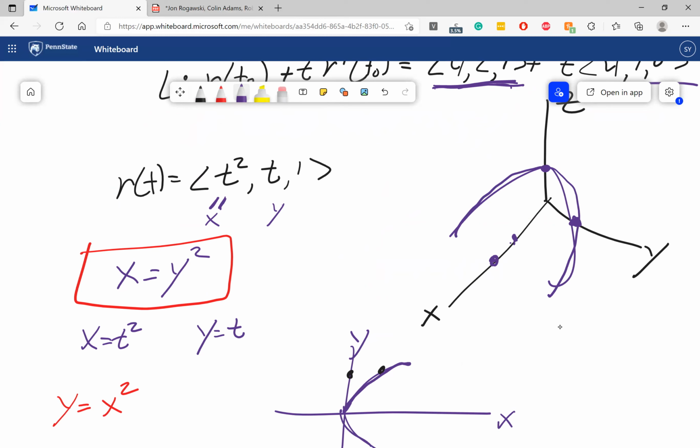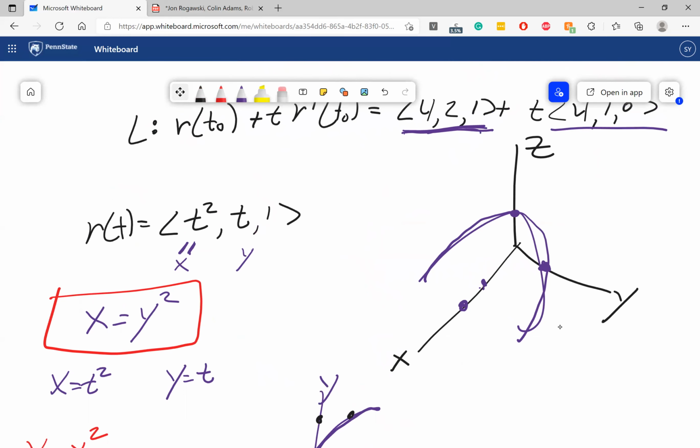And then, like I said, you go to this point 4, 2, 1, which is some point over here, where y is equal to 2 and x is equal to 4. Okay, so maybe we should say something like this.